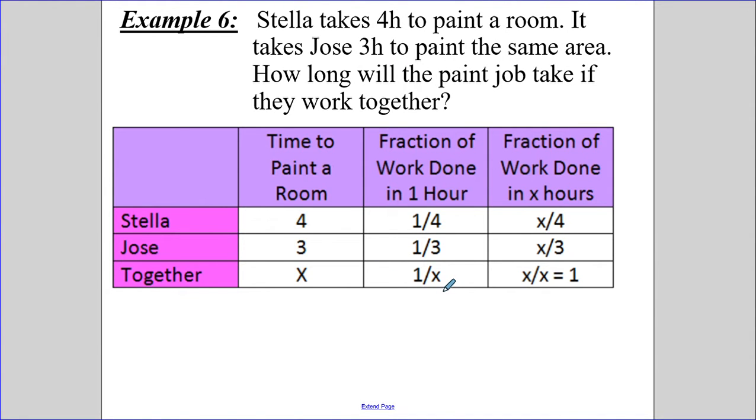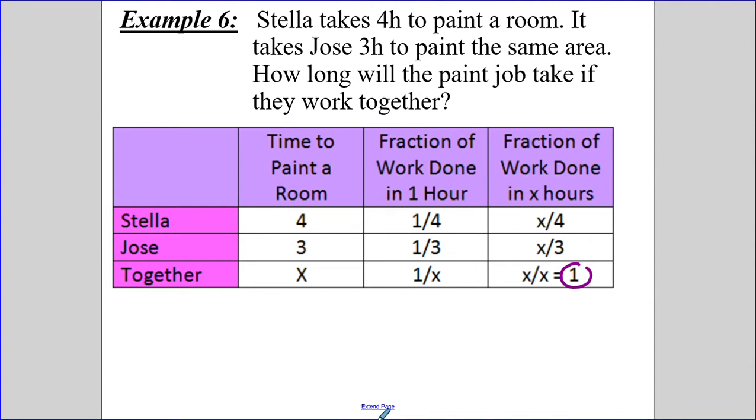So then, if we start to take a look and combine these, really then we have kind of X over X, right? We have the amount of work to get done that we don't know over the time it takes to paint the room. So X over X is just 1. So here we have a relationship.